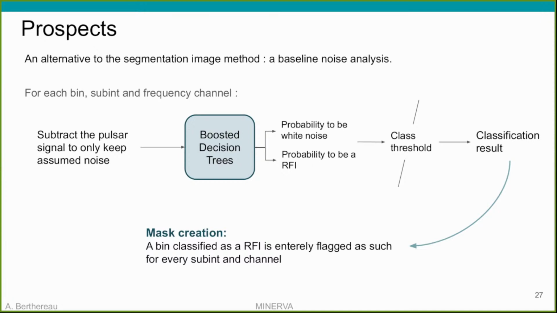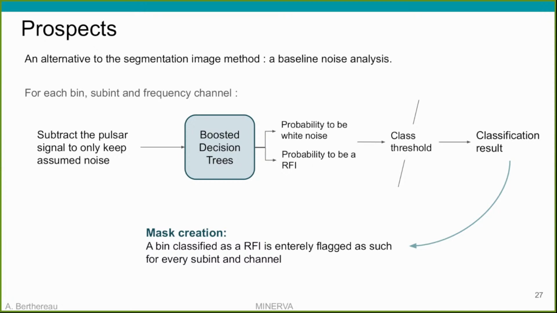So this method, for each bin's sub-integration and frequency channel of the observation, will subtract the pulsar signal, to only keep what we are assuming is noise. So this one-dimensional signal that we are supposing is only noise will be passed to a boosted decision trees algorithm.